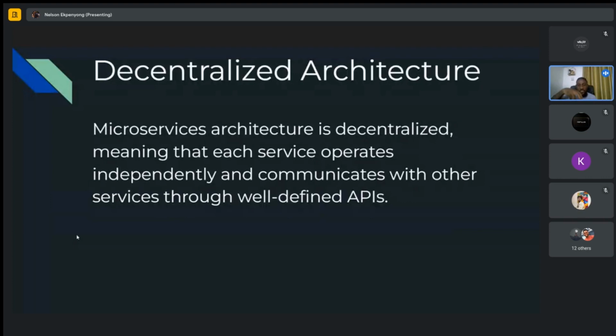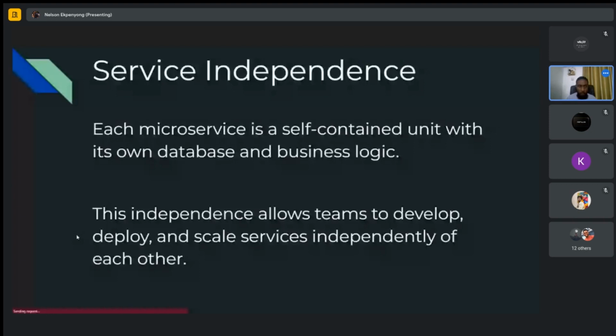Now, because they don't know about each other, they have to find some way to talk, and they only do that using internal HTTP calls. Each microservice is a self-contained unit with its own database and business logic. The product service has its product database. It has the logic that is specific to products: adding products, deleting products, updating products, receiving products from a supplier.